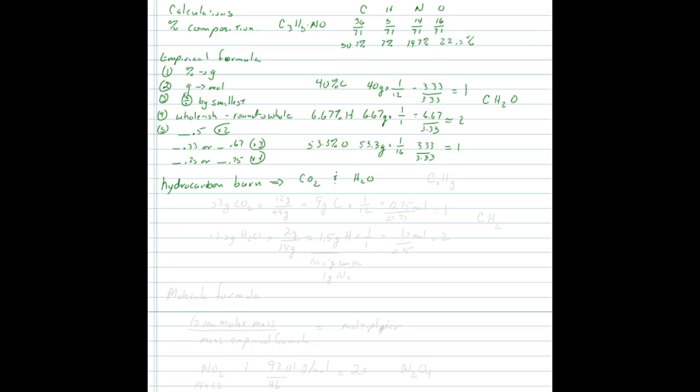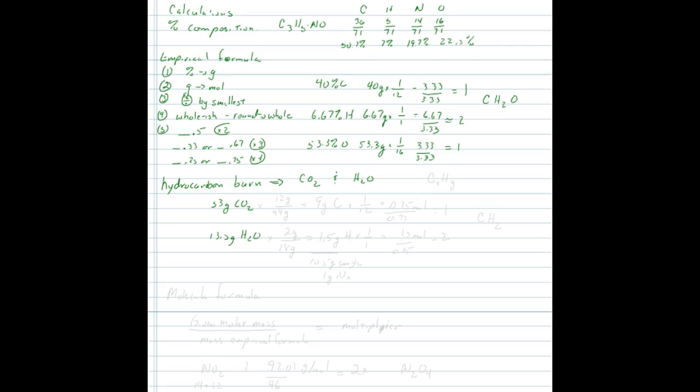We're going to do the simple problem here, and then class will probably hit the more complicated one. Suppose you burn a sample of hydrocarbon, and you end up with 33 grams of carbon dioxide and 13.5 grams of water.